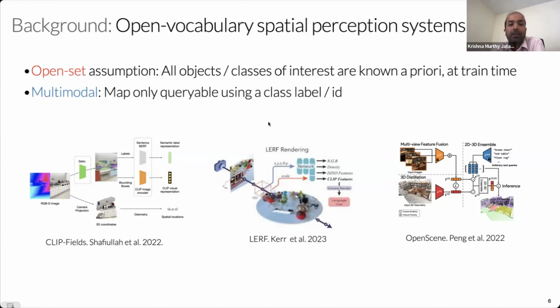And we're also seeing approaches that are multimodal. You can have queries in the form of text or an image, and you are able to localize those specific semantic categories in the scene.